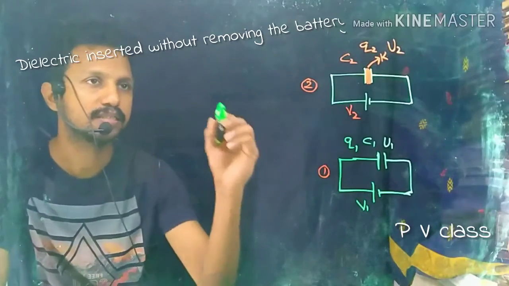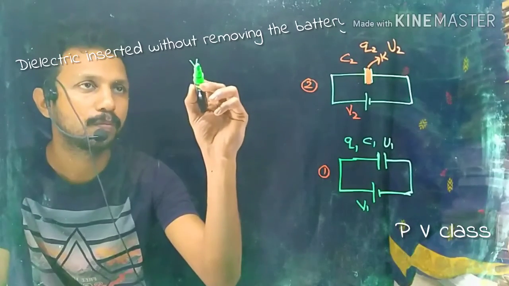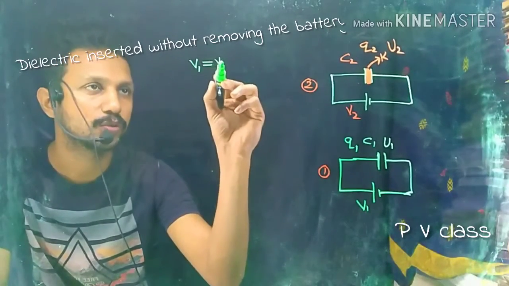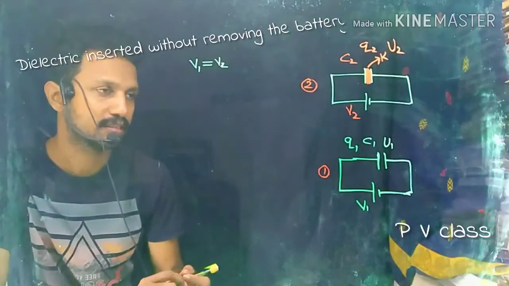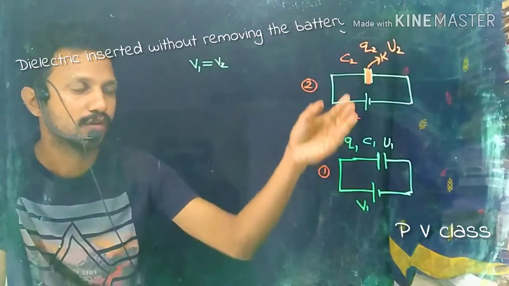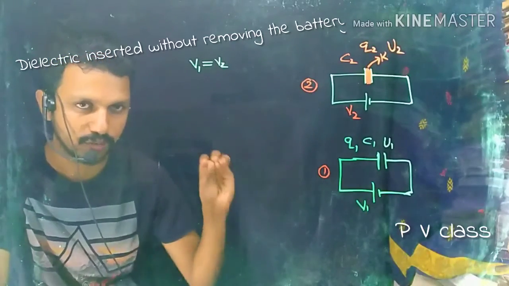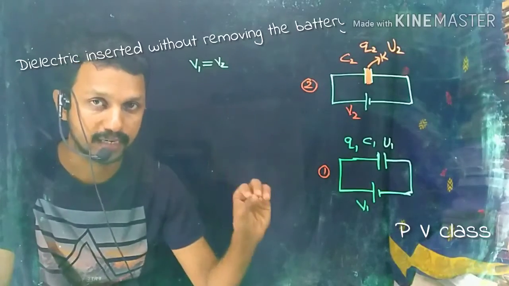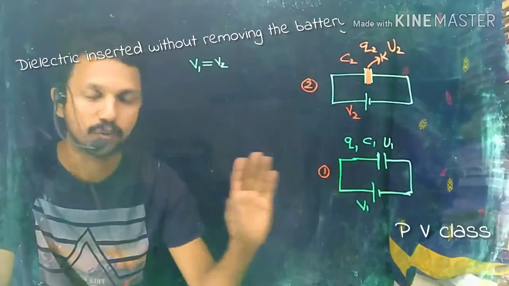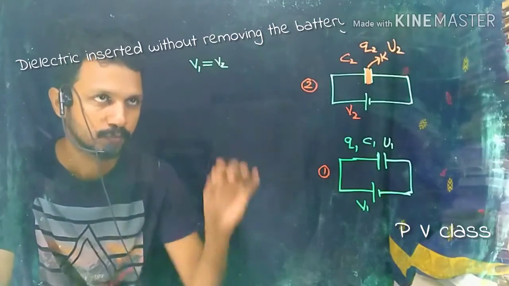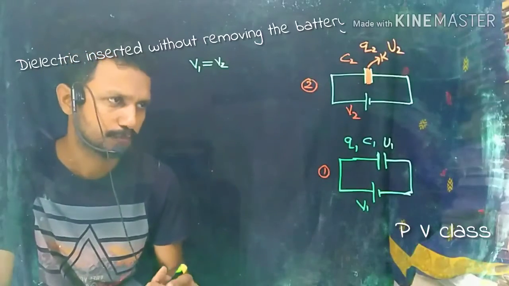We could clearly say V1 is equal to V2. Without removing the battery means the potential will not change.